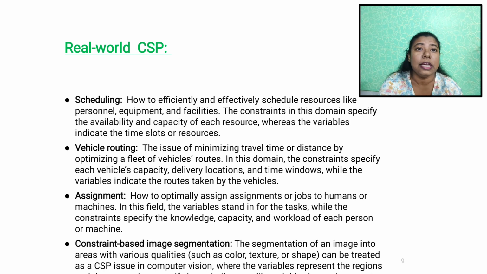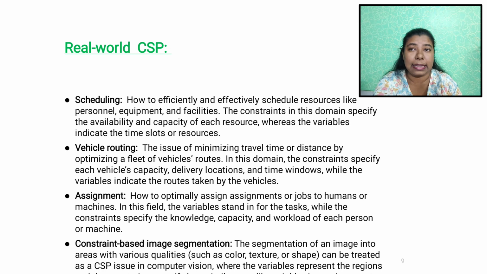First one is CPU scheduling. This is how to efficiently and effectively schedule resources like personnel, equipment and facilities. The constraints in this domain specify the availability and the capacity of each resource. Constraint satisfaction problems do not always give numeric values.